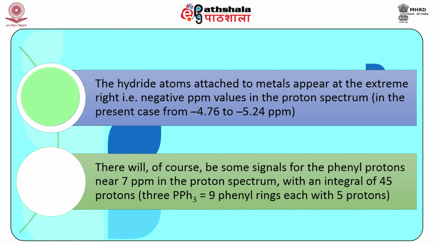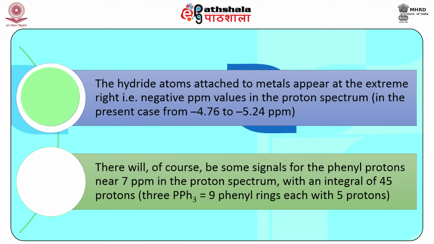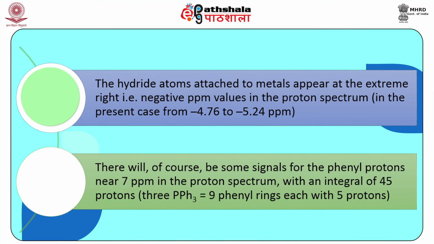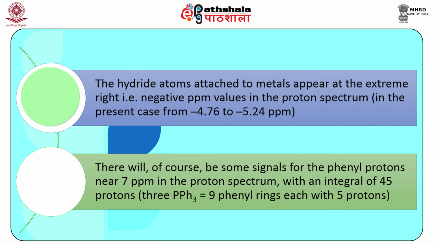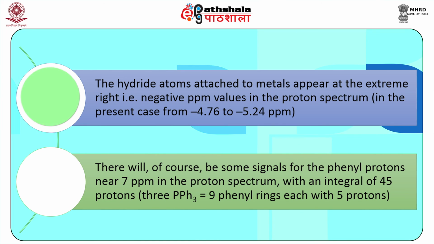Now, let us note some important points here about this 31 phosphorus spectra. The hydride atoms attached to the metals appear at the extreme right, that is in the negative ppm values, in the proton spectrum. In the present case, from -4.76 to -5.24 ppm.